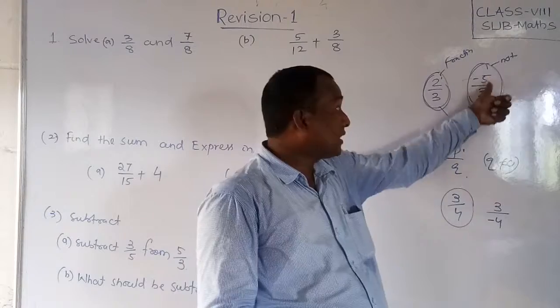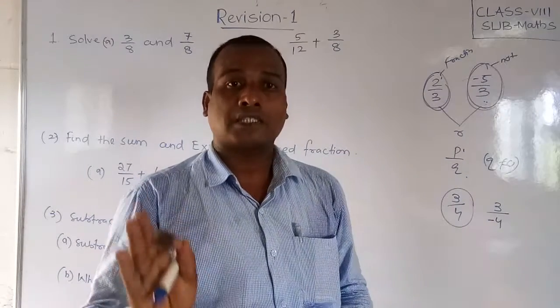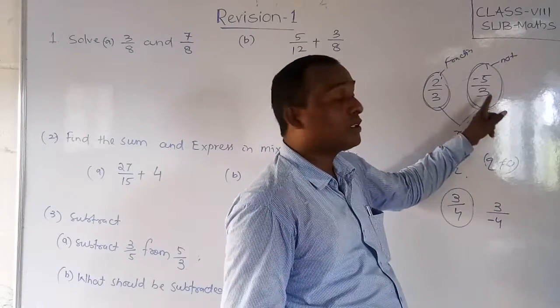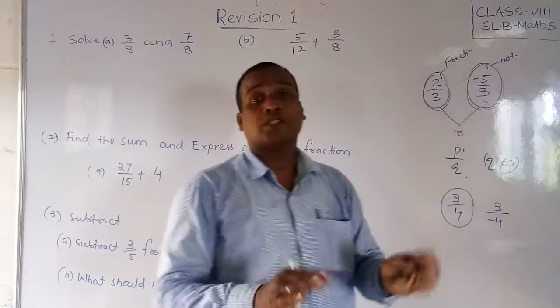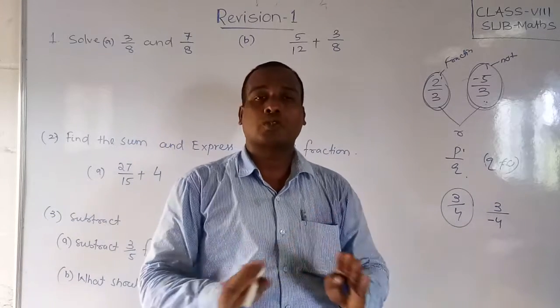If both are integers, meaning the negative sign is also there, then it is a rational number. But one condition: q should not be 0, the denominator should not be 0. Why? If it becomes 0, it is undefined. We cannot find that value. So q should not be 0.